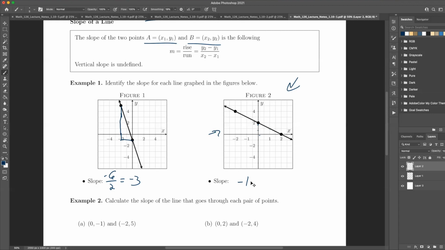What I'm really doing is going down 1, 2, but moving over 1, 2. So this is -2 over 2, so -1.